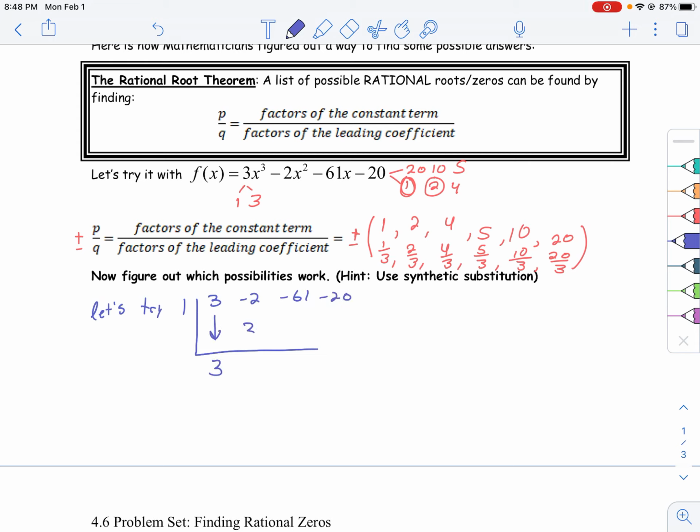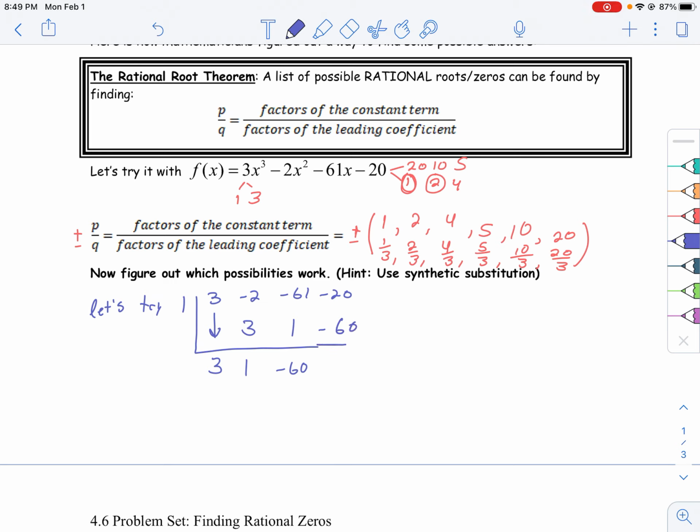So we drop the 3. 3 times 1 is 3, negative 2 plus 3 is 1. 1 times 1, negative 61 plus 1 is negative 60. Negative 60 times 1 is negative 60. So we add these and you get negative 80. All right, so it turns out that 1 does not work for us.